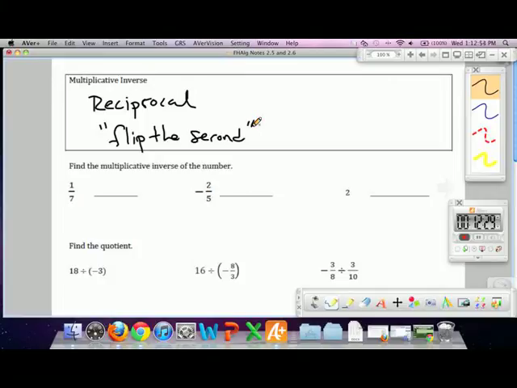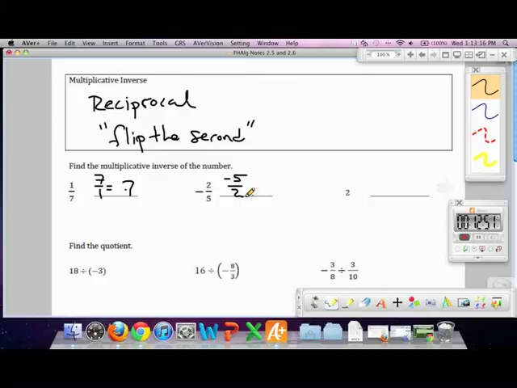-2/5. 5 over -2, or -5 over +2. Notice that this minus sign was right in between the fraction. It means you can either give it to the -2, give it to the 2, or give it to the 5. Don't give it to both. Give it to one or the other when you flip.